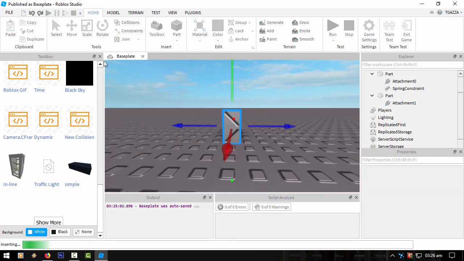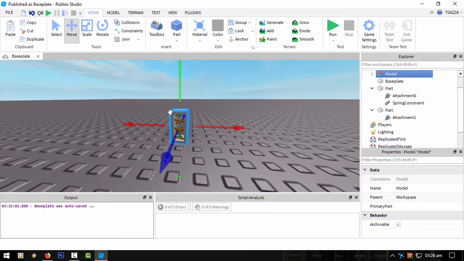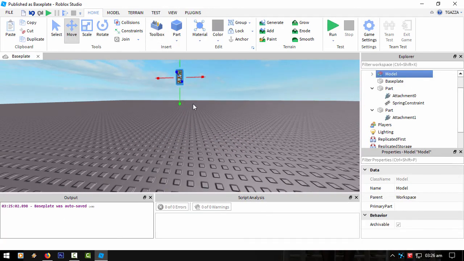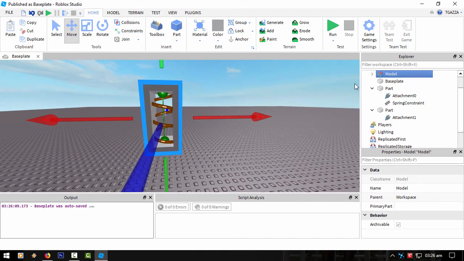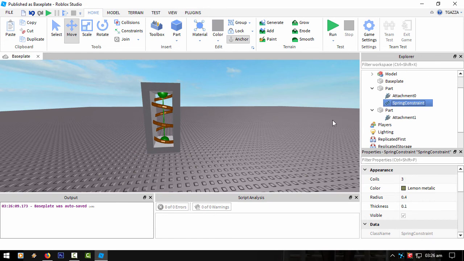There we go. So this suspension system has got a spring, is what we got here. We've also got a prismatic constraint in there as well to keep it stable, so it only goes up and down, it doesn't rotate.